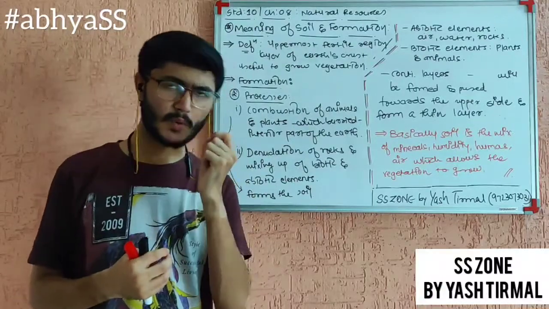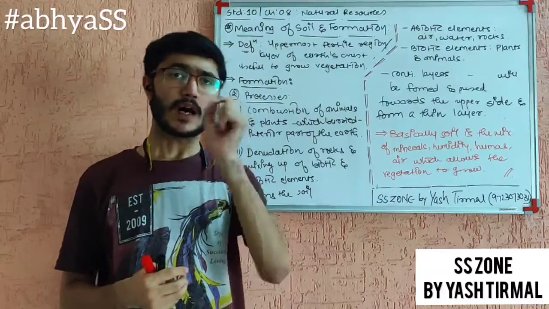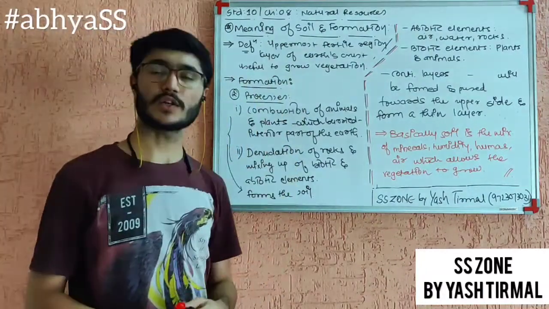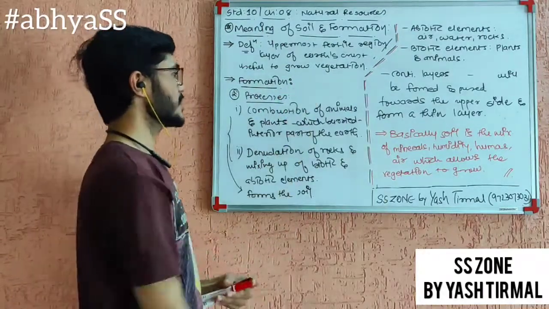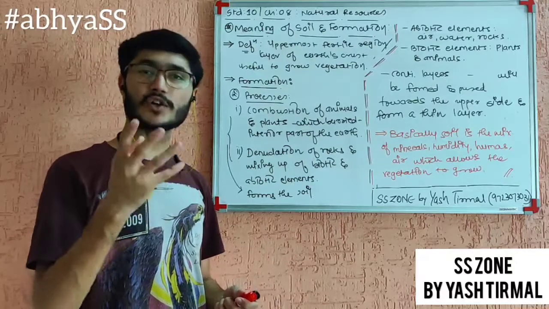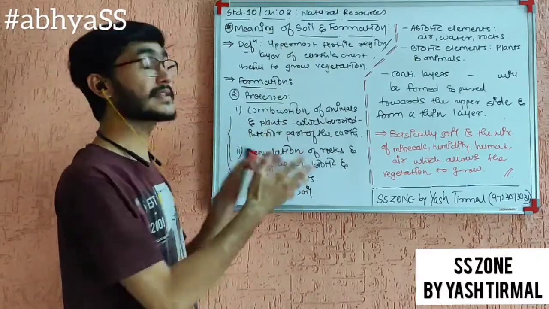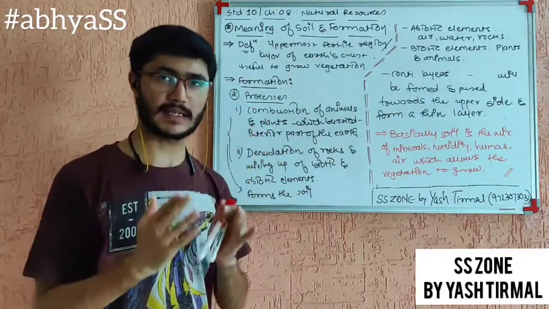For the answer to that question, you have to understand the process of the formation of soil. In your textbook there is a paragraph given on the formation of soil. I have just divided those processes, how it occurs exactly, how it forms exactly.